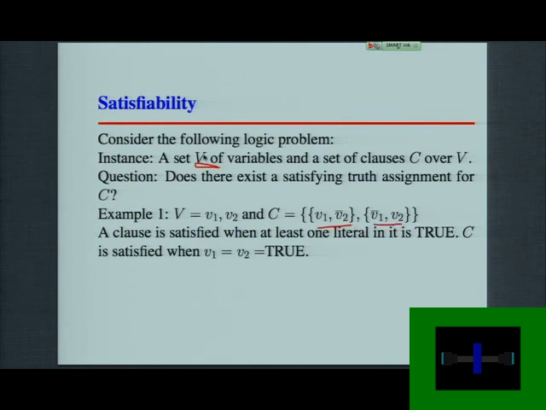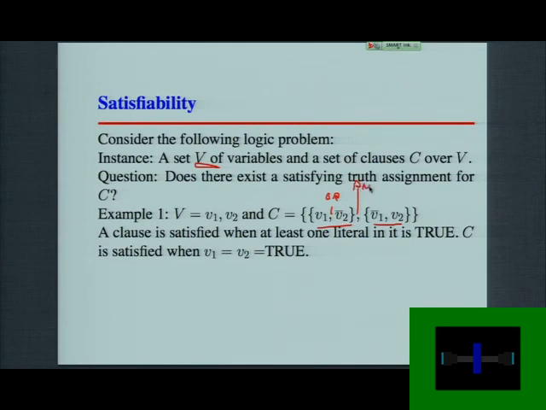The variables are v1 to vn. The inner clause is going to be an or clause. Read this comma as being or. I know this is a pain in the neck. And read this comma as being and.